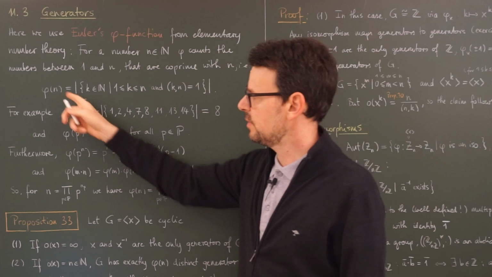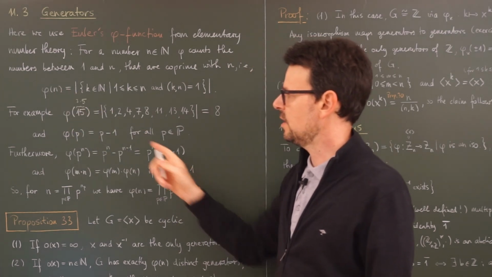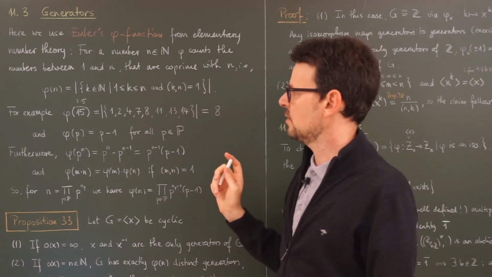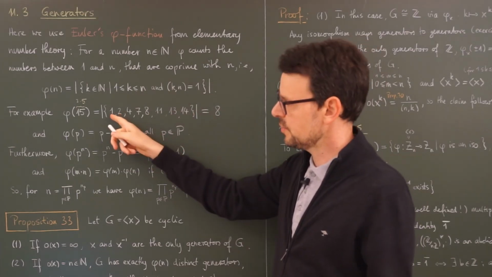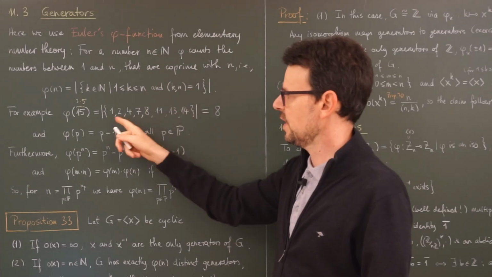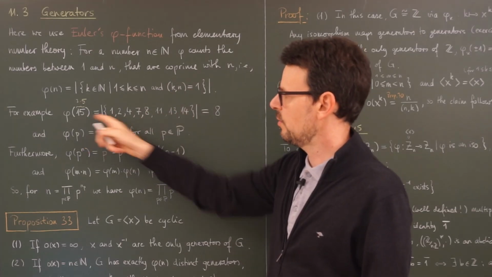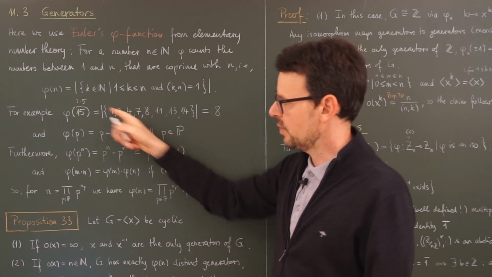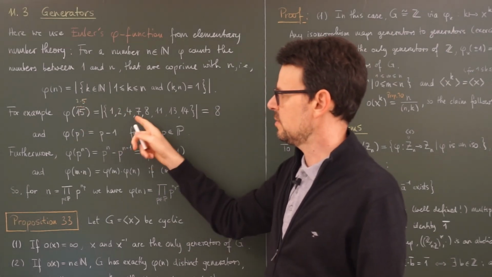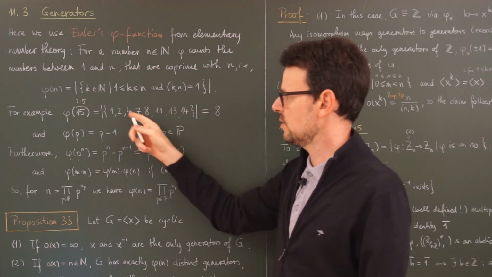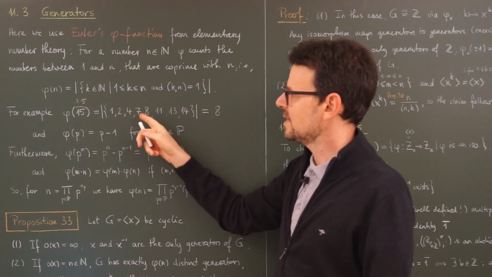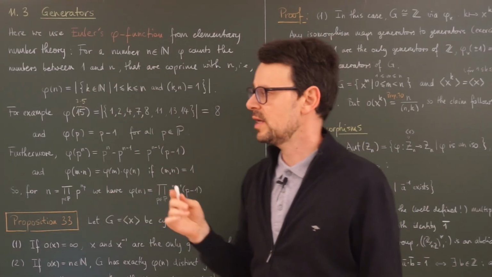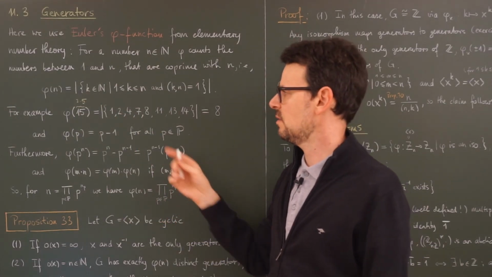So for example, if we take n to be the number 15, then which numbers satisfy these conditions here? Of course 1. 1 is always in this set. Then 2 is co-prime with 15, 4 is co-prime with 15, 3 not, because 15 is 3 times 5, 5 not, again because of this factorization. 6 is not co-prime because 3 is the greatest common divisor of 6 and 15.